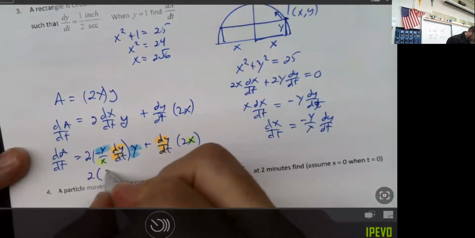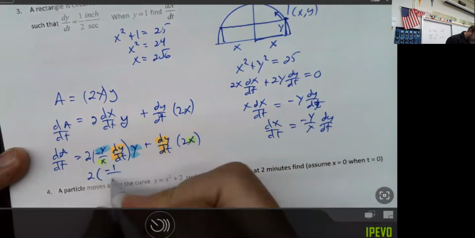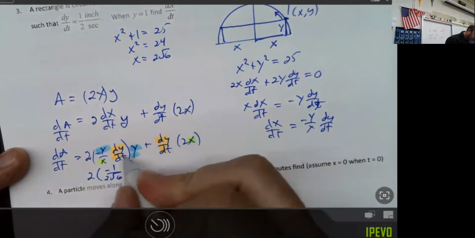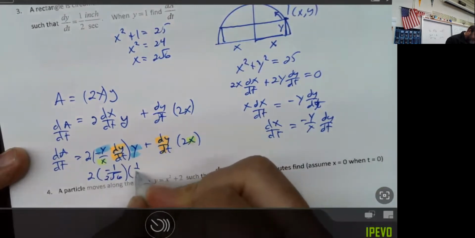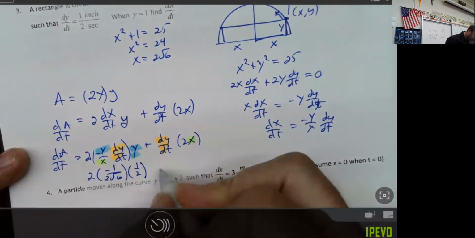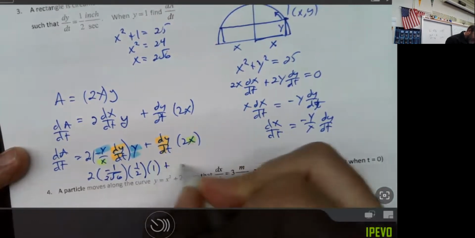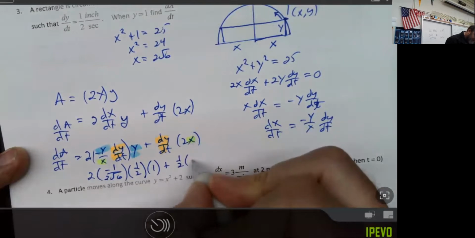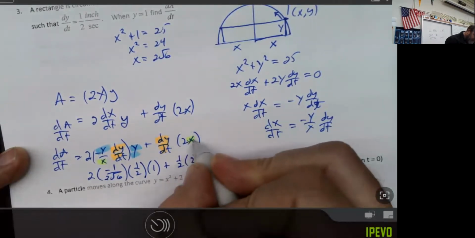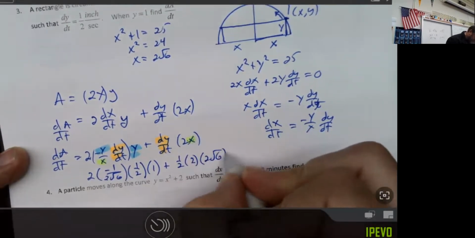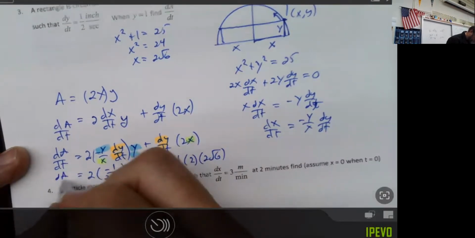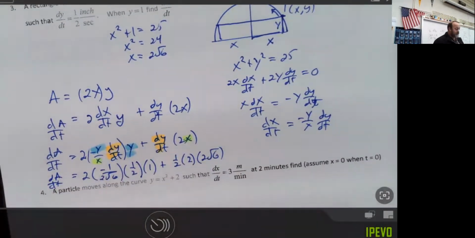So I've got 2, let's see, that would be negative 1 over x, dy/dt was 1/2, y itself was 1, dy/dt was 1/2, 2 from the 2, and x was 2 roots of 6. So everything we could possibly want is sitting right there at our beck and call.